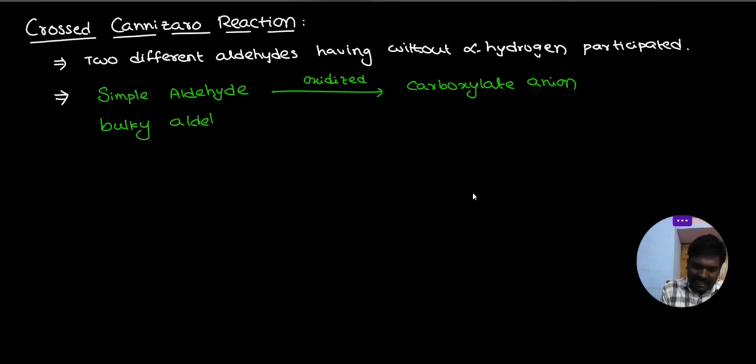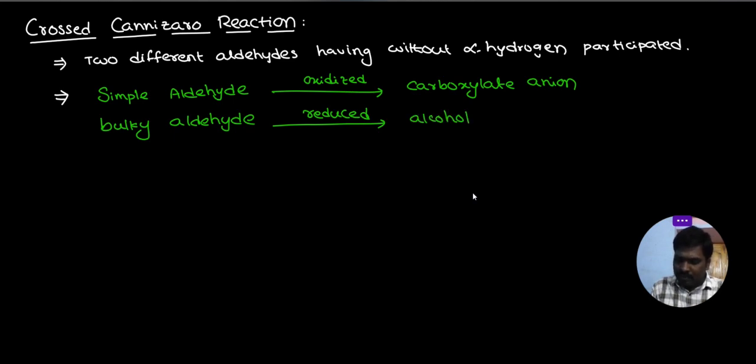The bulky aldehyde is reduced to the alcohol. Very important: simple aldehyde oxidized to carboxylate anion, always bulky aldehyde reduced to alcohol. Here, the mechanism is not needed.